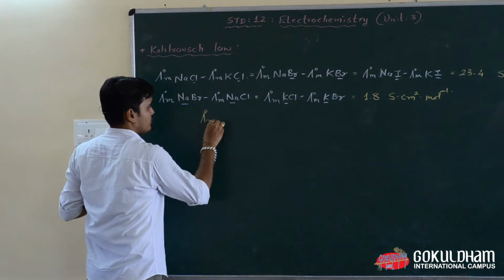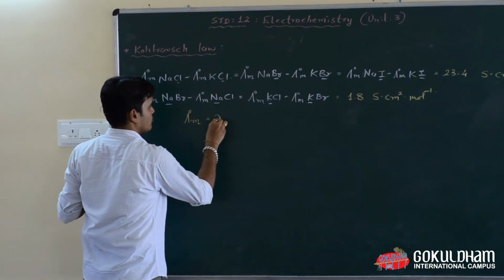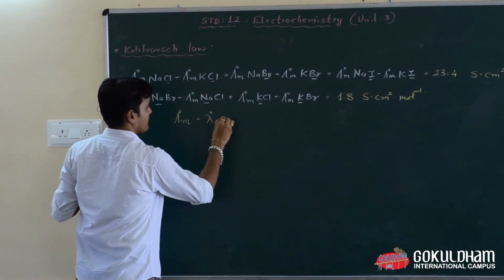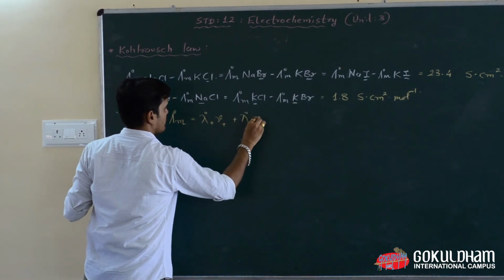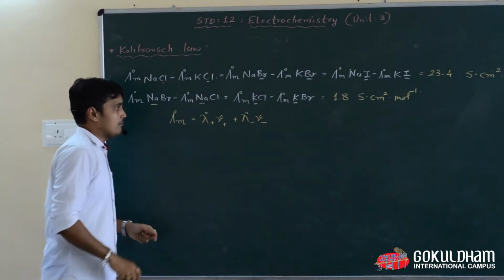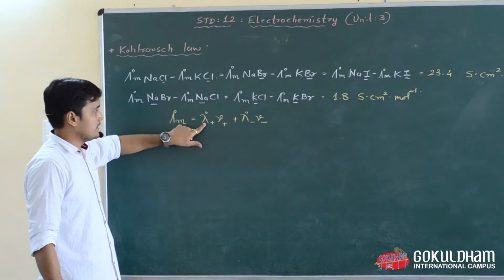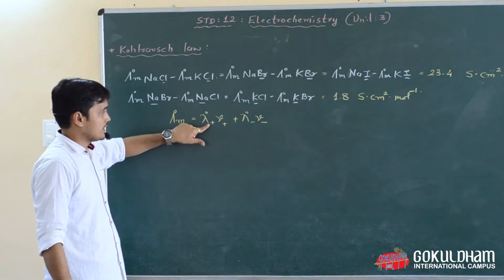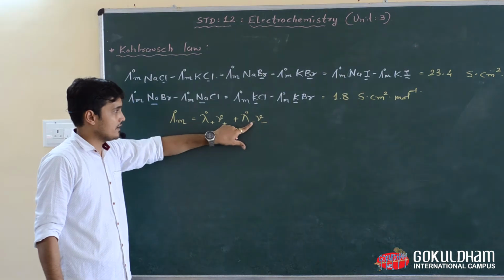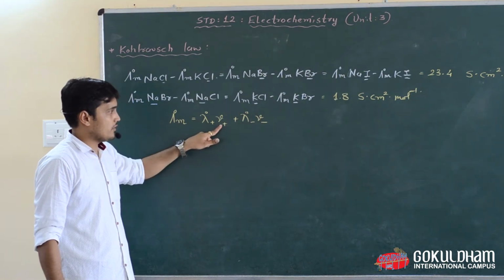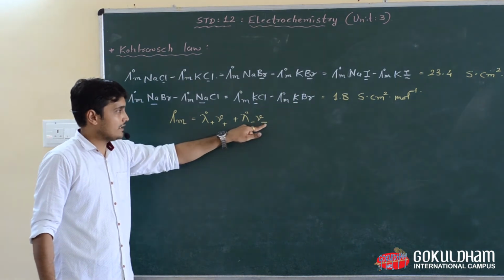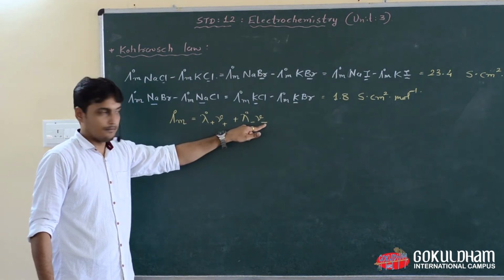The lambda 0 m is equal to lambda 0 plus plus lambda 0 minus. Lambda 0 plus means positive ion molar conductivity, and over here negative ion molar conductivity. This nu plus is for the positive ion and nu minus is for the negative ion.